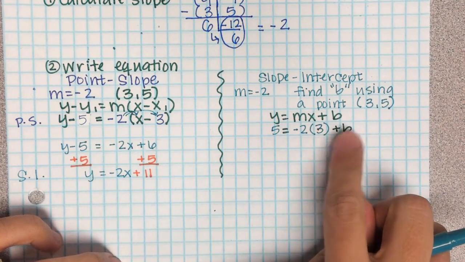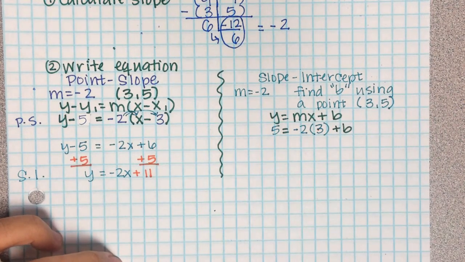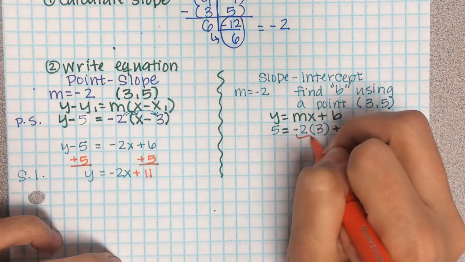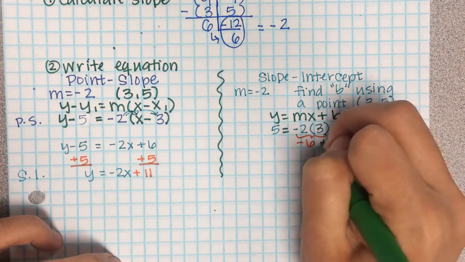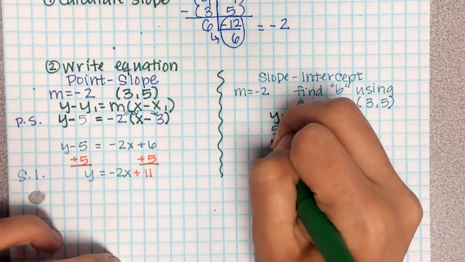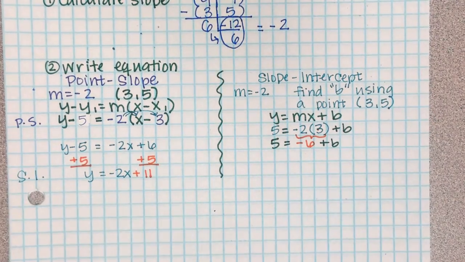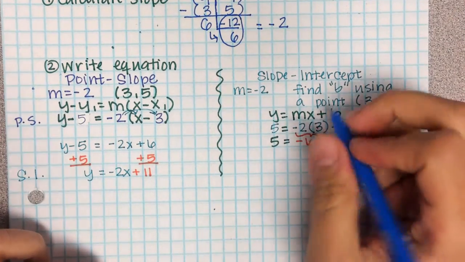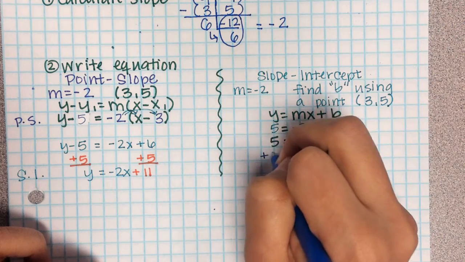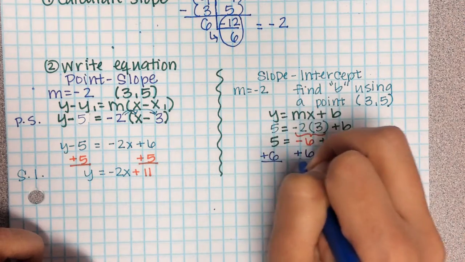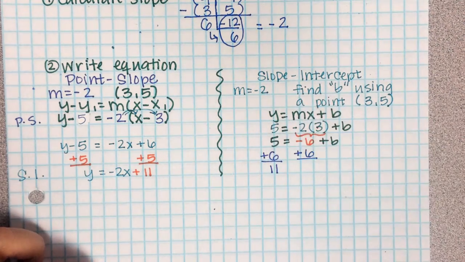I just go through here now and solve for b. So I start by multiplying these two, which is negative 6. And then I'm going to add 6 to both sides to get the b all alone. Which is 11.